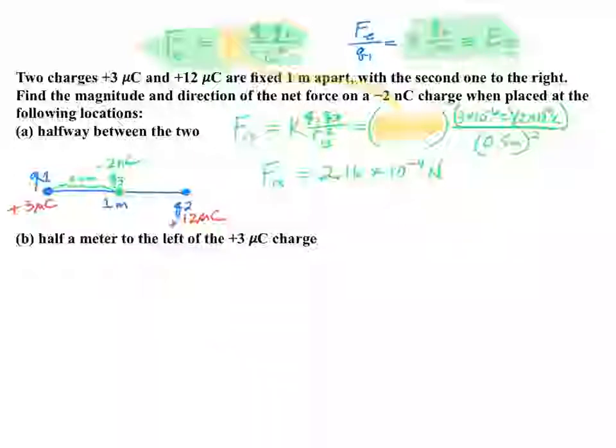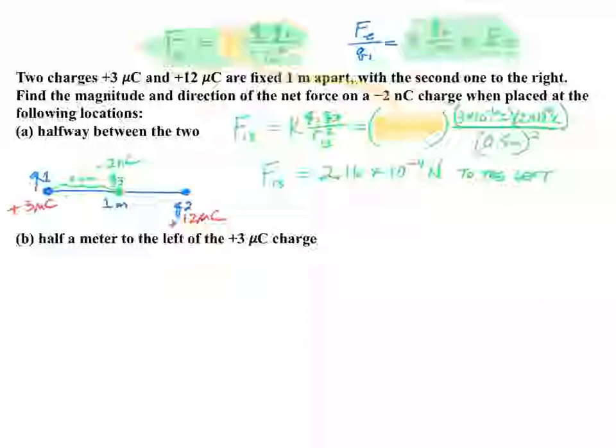Is charge 1 attracting or repelling charge 3? It's attracting it, so it's going to be to the left. All right, that's one. Just like last semester, when you have multiple forces, you take a pair at a time, and you compute the force between those two objects, or in that direction. Then you take the other two, and then it gets added up.